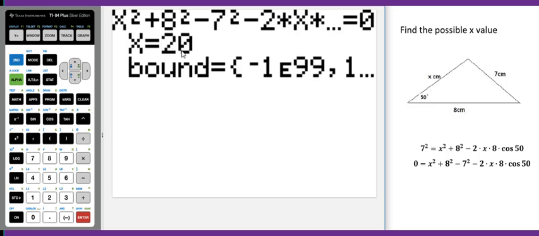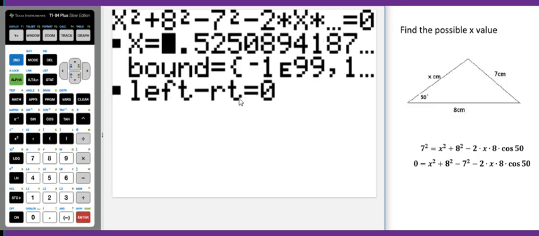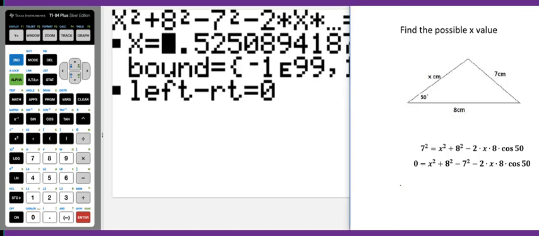For the estimated value for x, I can just put the 10 first. Then I go to alpha, enter. I got x1 equals 8.525.